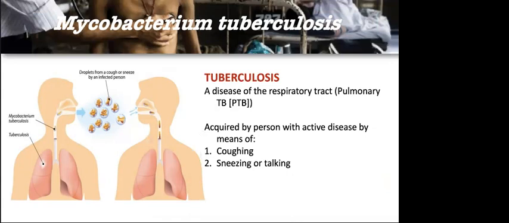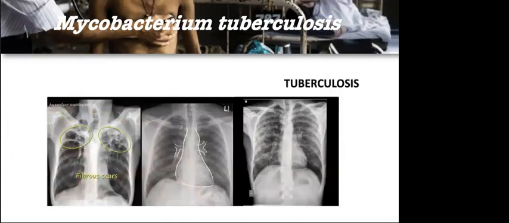So, either by talking or sneezing, so inhalation of airborne droplets. So that's the usual mode of transmission. Very typical of people with TB is the presence of densities around the apical region of the lungs here, sa taas. So quite common.